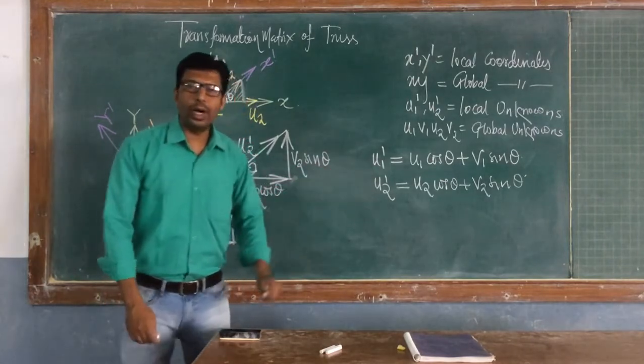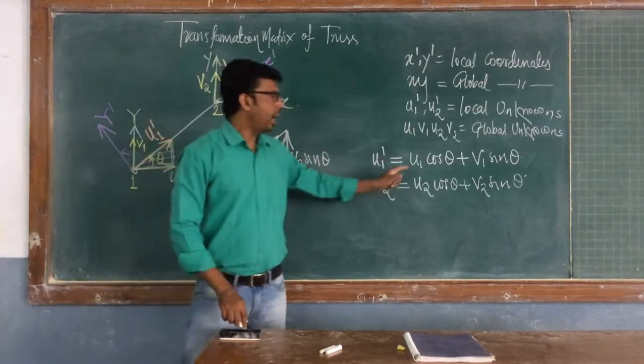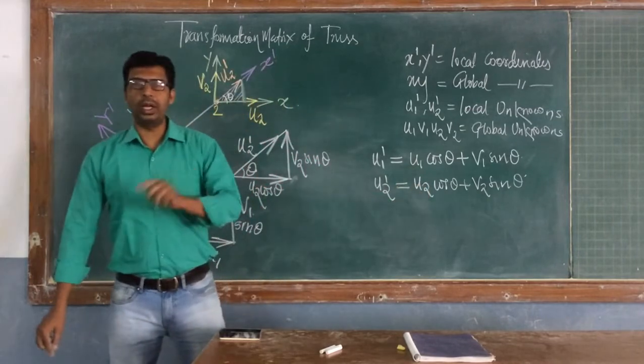So on the left hand side, u1 dash and u2 dash are the local unknowns, and u1, v1, u2, v2 are the global unknowns.